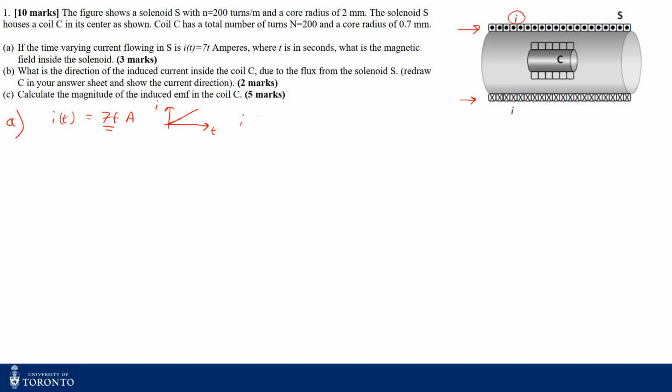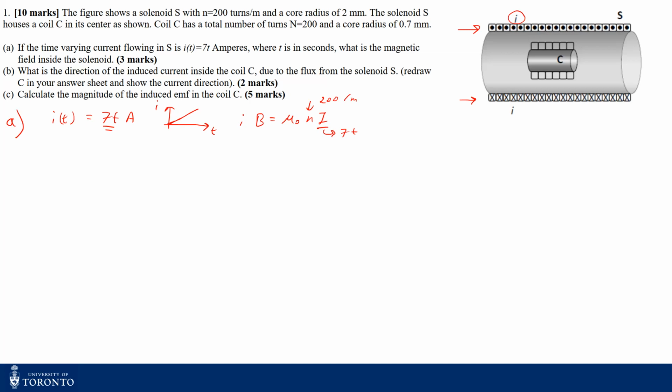Now we know that for the solenoid, the magnetic field formula is mu naught n I. In this case, your n is the turn density, which is 200 turns per meter, given here. And your I is basically 7t, and mu naught is a constant.